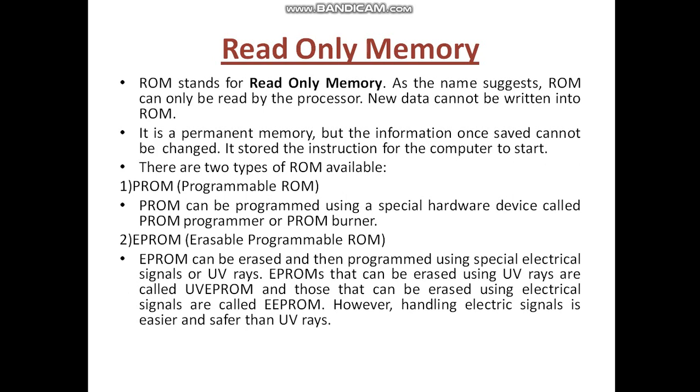EPROM can be erased and then programmed using special electrical signals or ultraviolet rays. EPROM that can be erased using UV rays is called UV-EPROM, and those that can be erased using electrical signals are called EEPROM. However, handling electrical signals is easier and safer than UV rays.